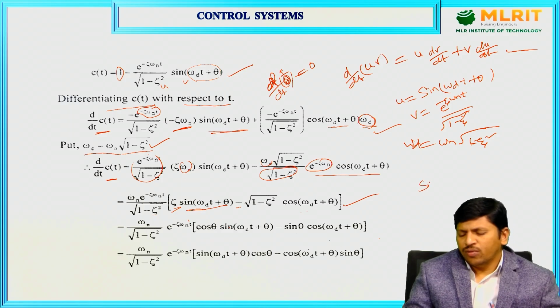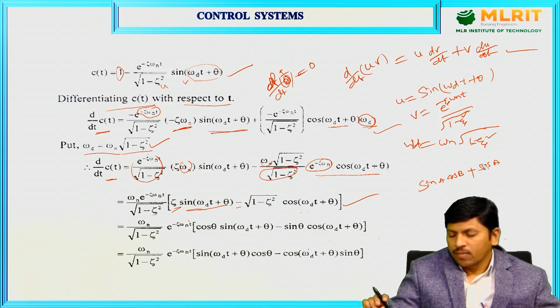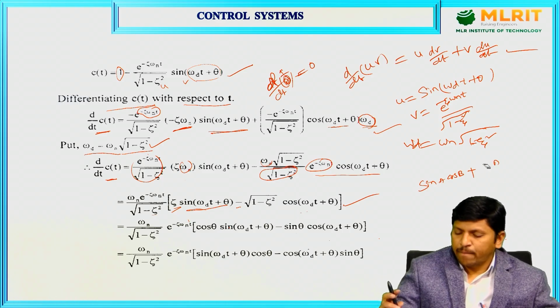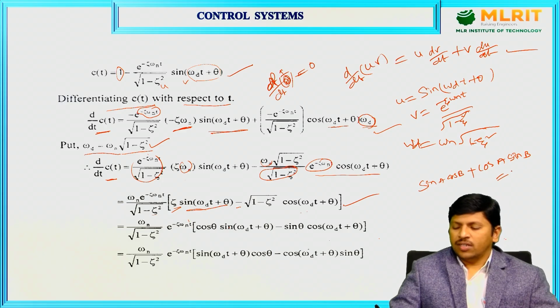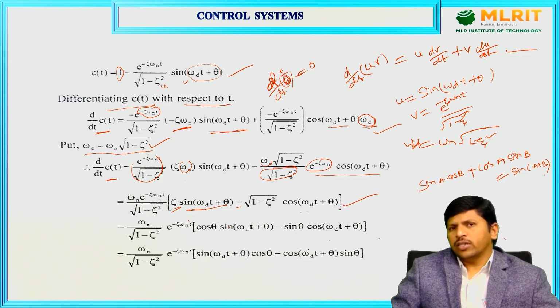We need to arrange this form into sin a cos b plus cos a sin b, that is equal to sin of a plus b. Now we are going to arrange these terms into sin a cos b plus cos a sin b, or sin a cos b minus cos a sin b.